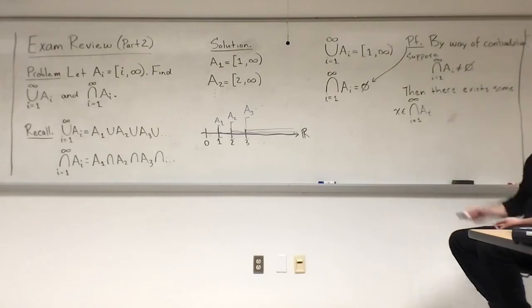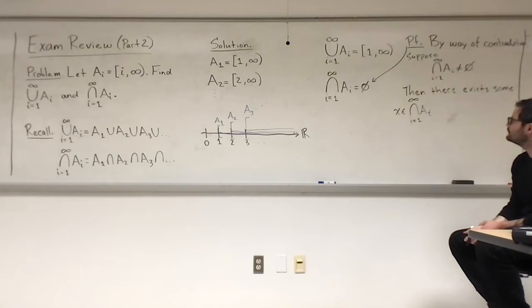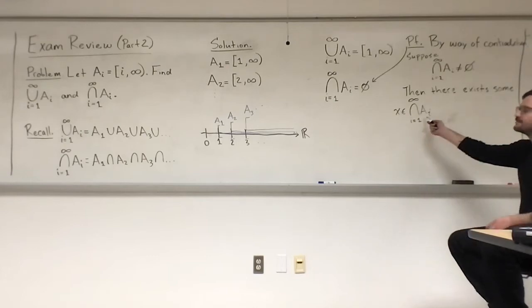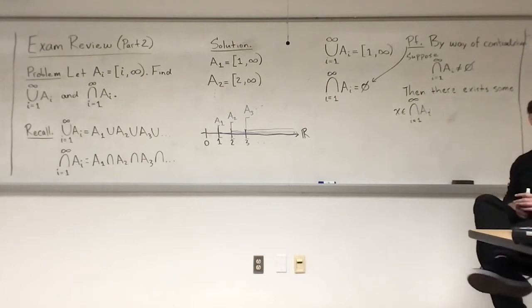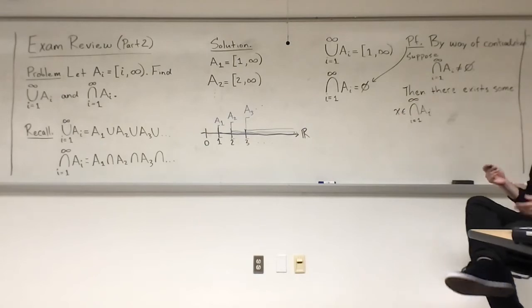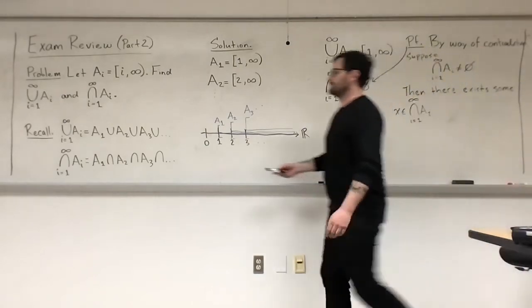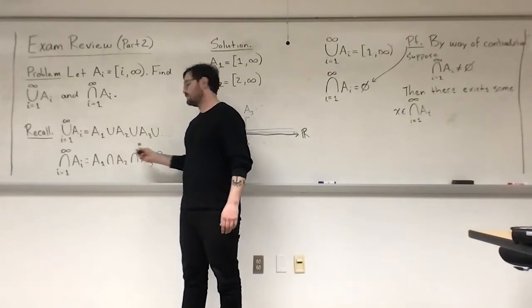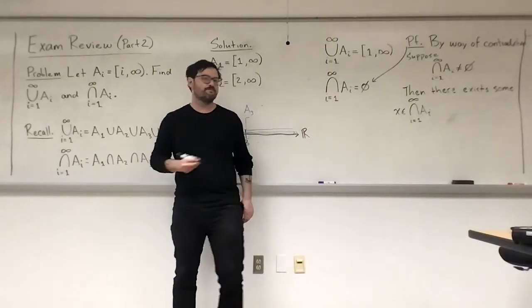We assumed that it's not empty. But what does that mean? It means that x is an element of A1, and x is an element of A2. If it's in the intersection of all of them, it has to belong to all of them. In order for something to be in this, it better be in that, and that, and that, forever.